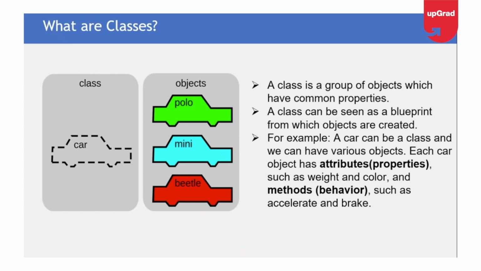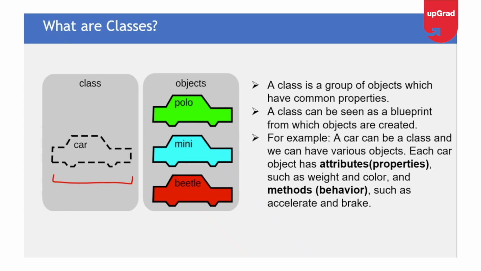So we can say that a class is a blueprint from which we create multiple different objects. Let us take an example. Let us suppose we have a class Car. So this is our blueprint, and we can have different cars. We can have a BMW, we can have an Audi, we can have a Mercedes, etc.